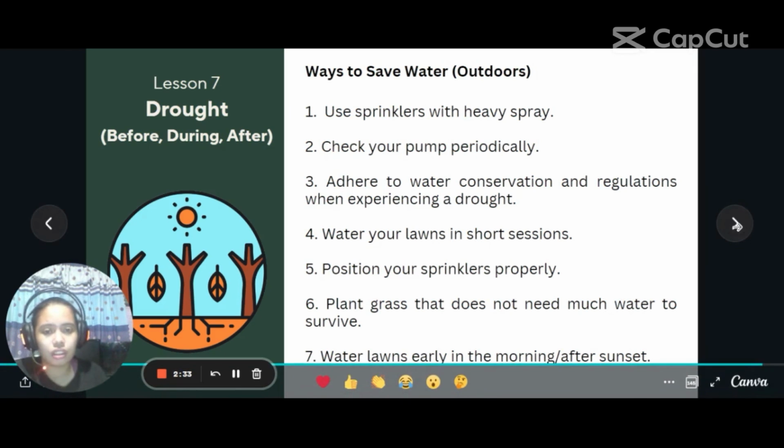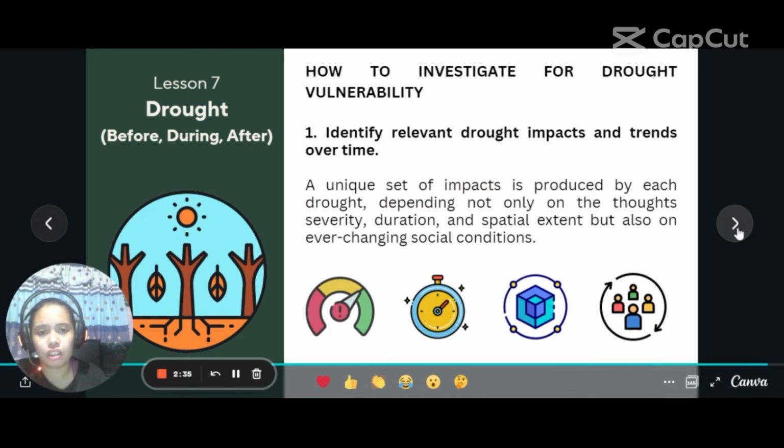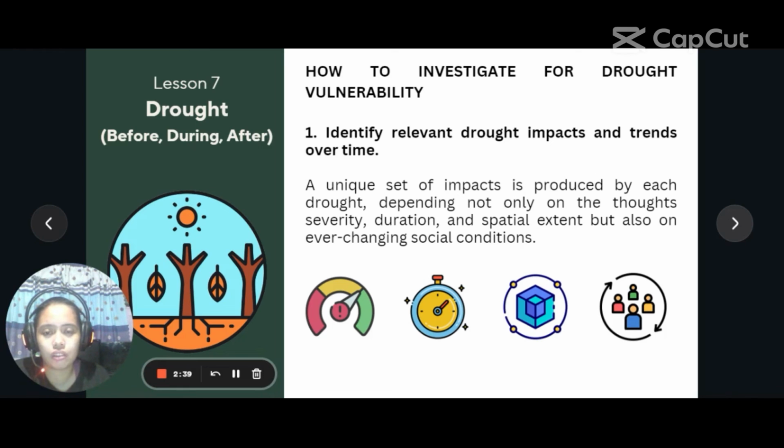So, how to investigate for drought vulnerability. Number 1, identify relevant drought impacts and trends over time.